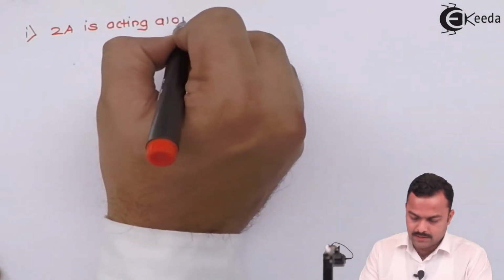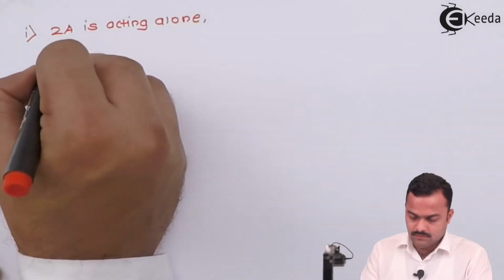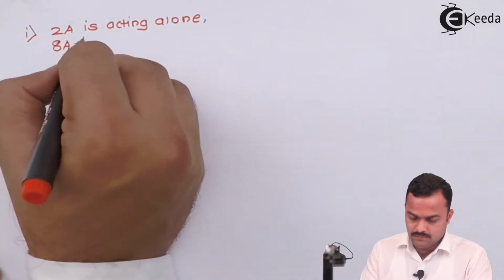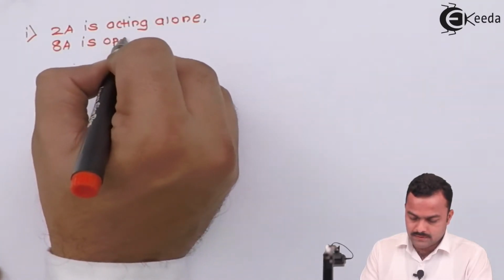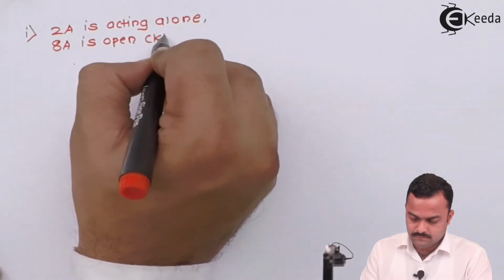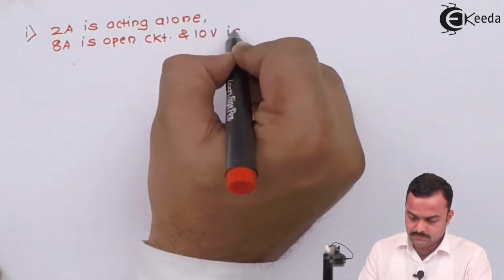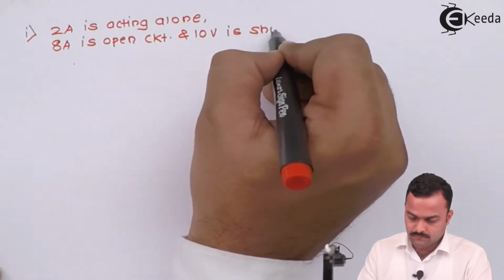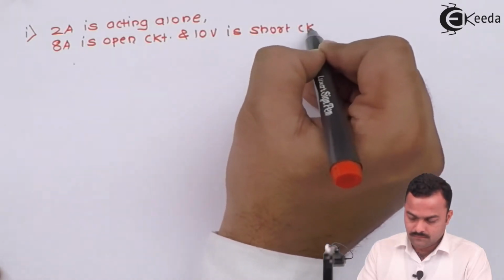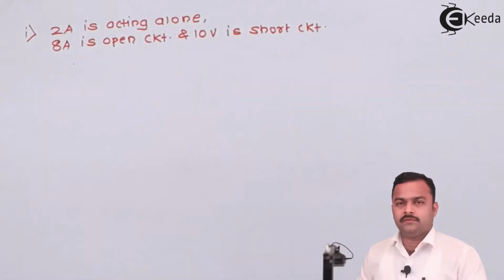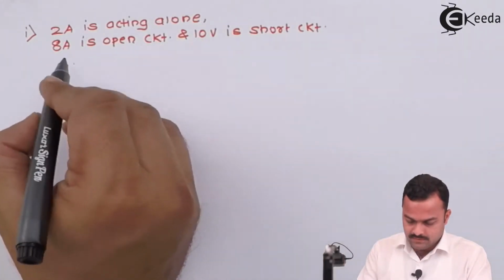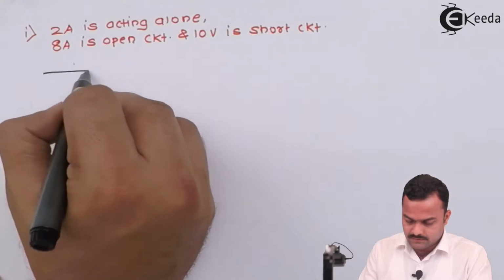So 2 ampere is acting alone, 8 ampere will be open circuited and 10 volt will be short circuited. So how will the circuit look? Circuit will look like this.